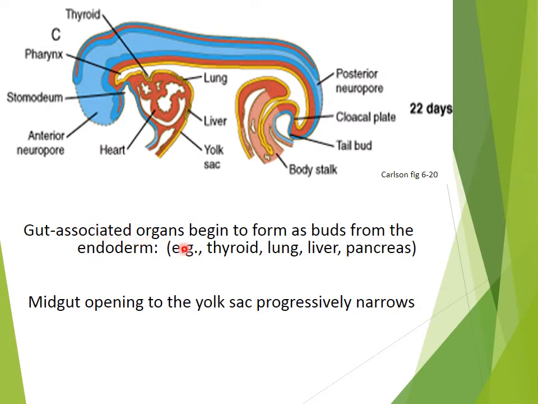Initially you can see this bulge, which is the thyroid diverticulum, and from here the thyroid gland is developing. Then a bit dorsally there is the development of the respiratory diverticulum for the development of the lung tissue, and then the hepatic diverticulum for the liver and pancreas development.